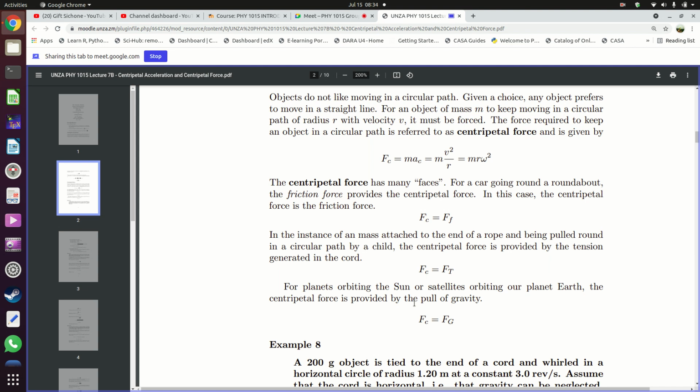All the other planets are being pulled by the sun, and that's how we end up with this solar system. So in the case of satellites, the moon, and the planets going around the sun, the centripetal force is provided by gravity. In this case, the centripetal force, Fc, is the force of gravity.